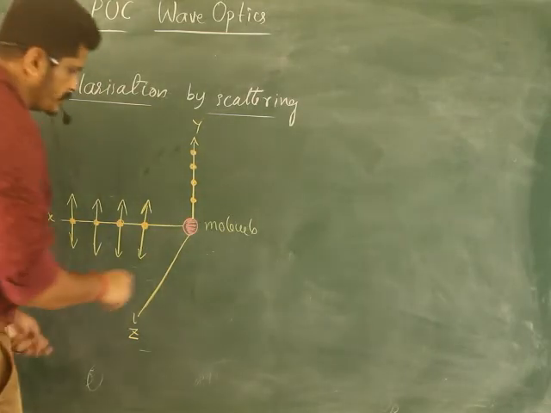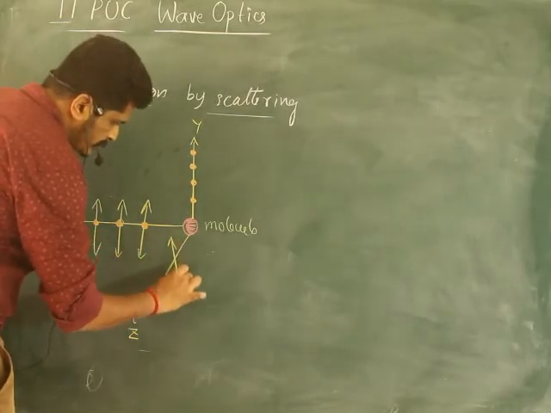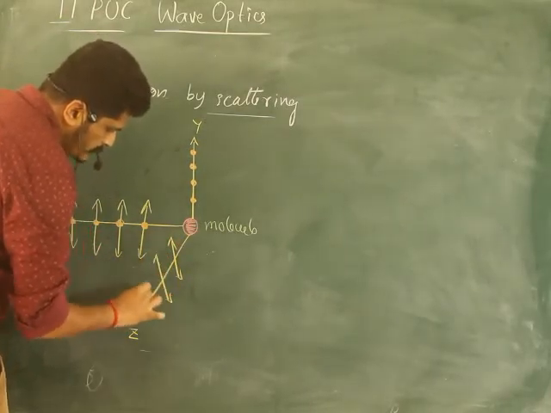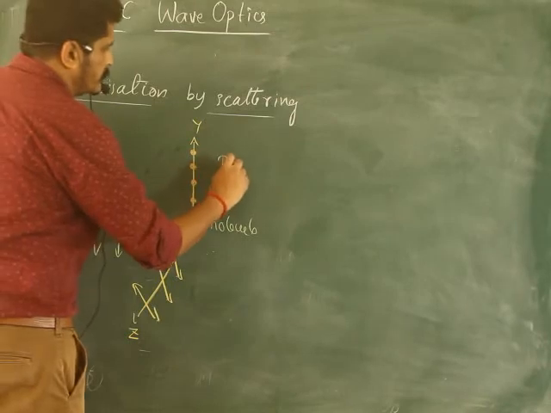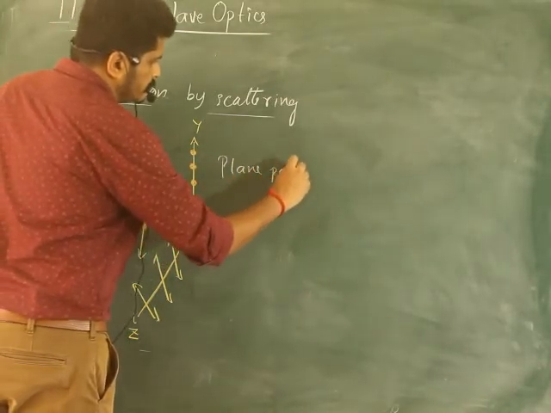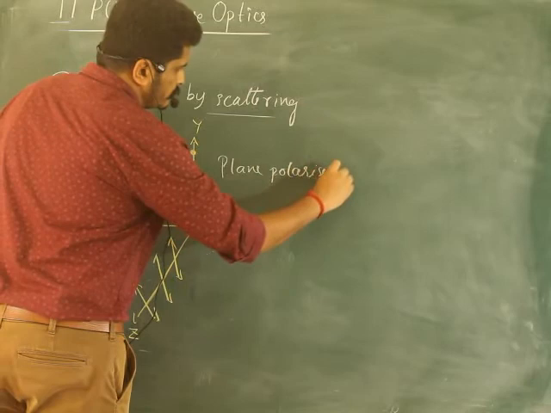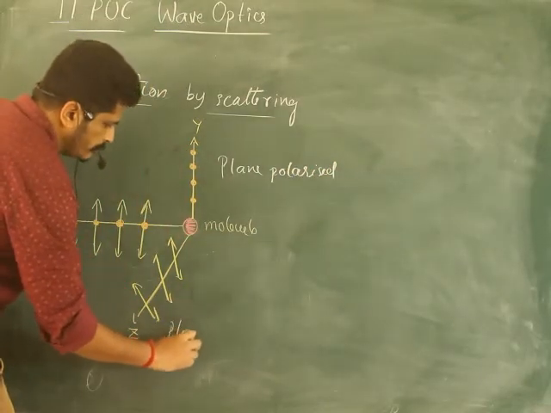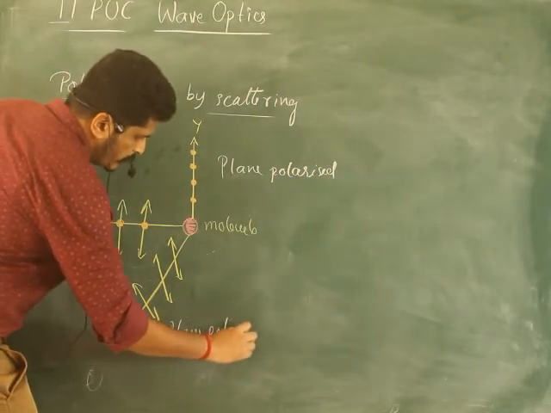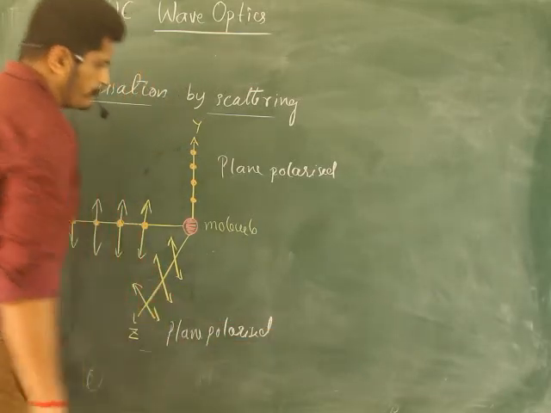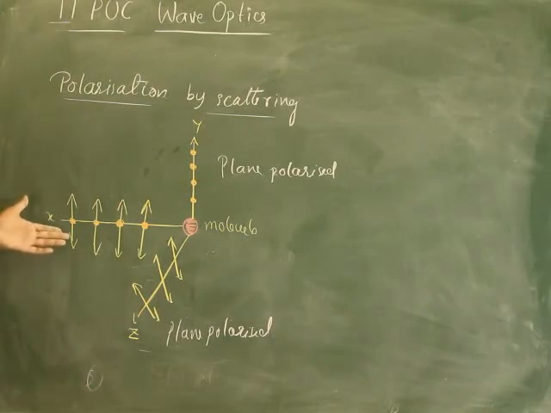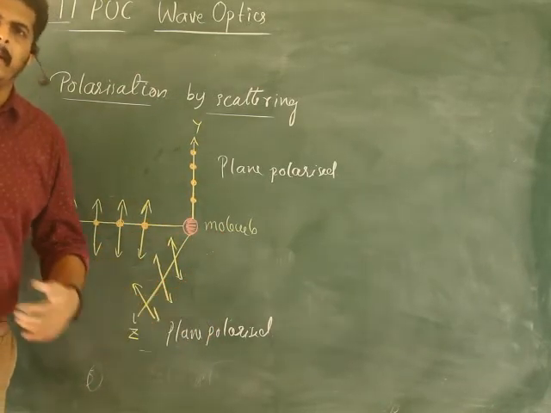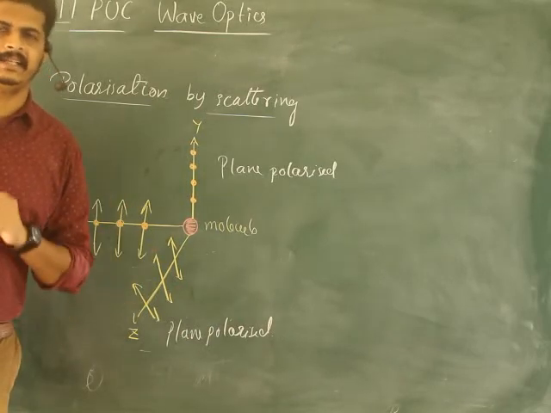Here also polarization takes place, like this. This is also plane polarized. Both are plane polarized. So how can we explain this? We can see when unpolarized light is incident on a molecule, polarization takes place by scattering.